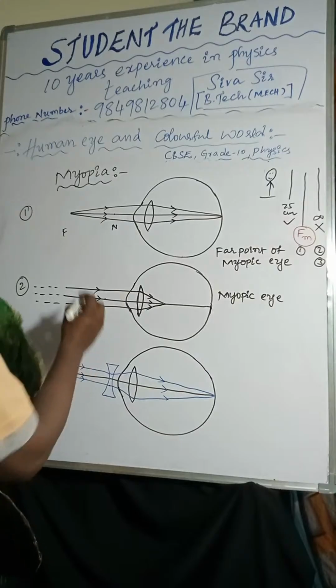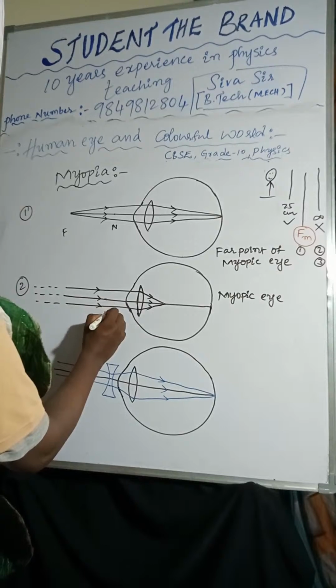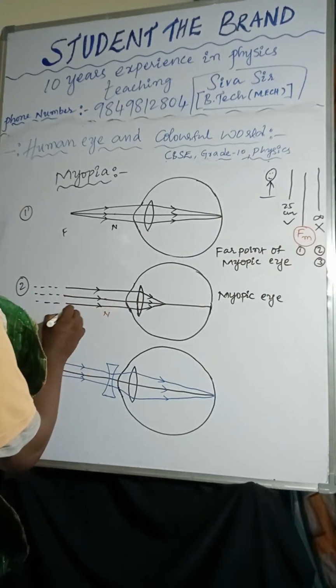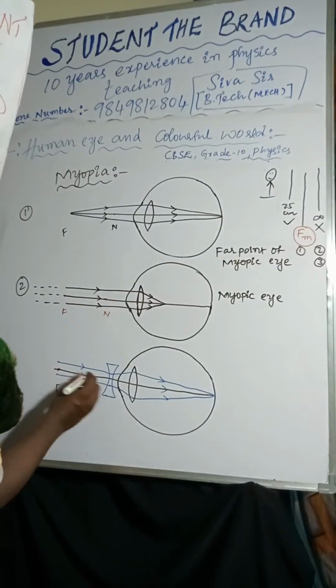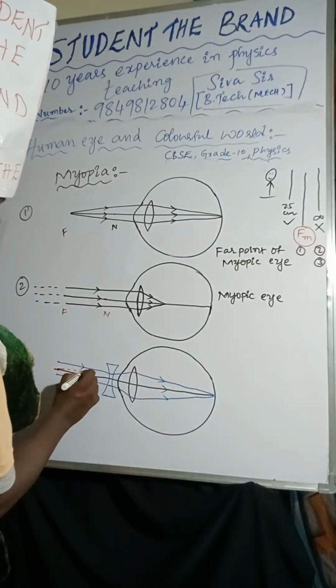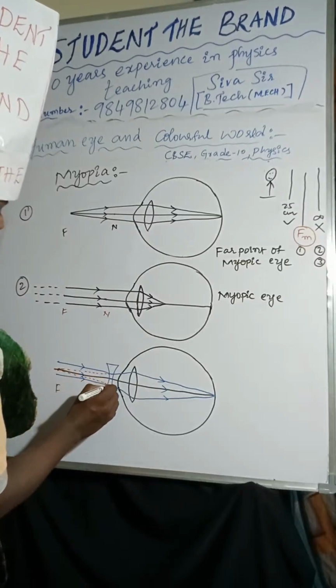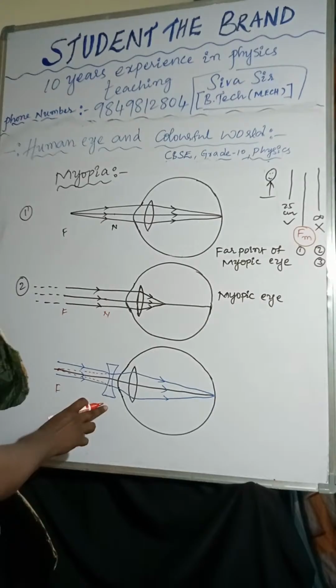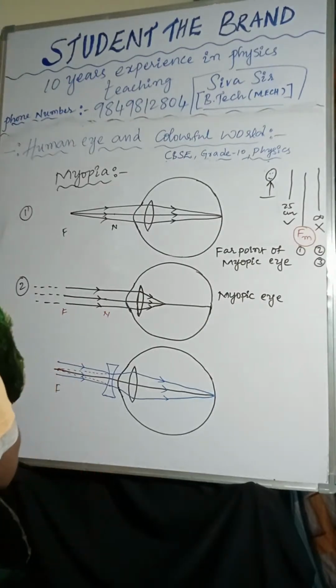Actually here, what are the points? This is the near point, this is the far point, and that is infinity. From this lens, the light ray should meet at the far point.